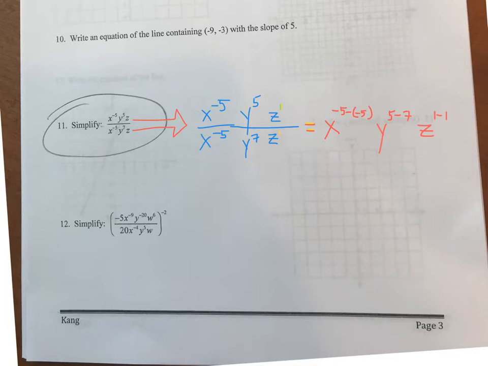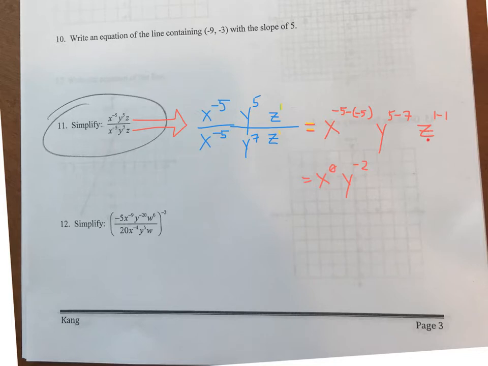Now, when you do that, let's analyze what happens on the next line. We have x to the what? Well, we have -5 minus a -5. That's really -5 plus 5, which is really a 0. Over here, we have y to the -2.